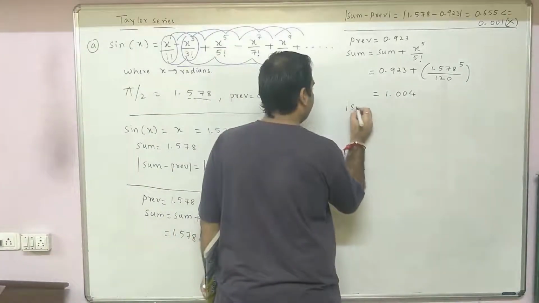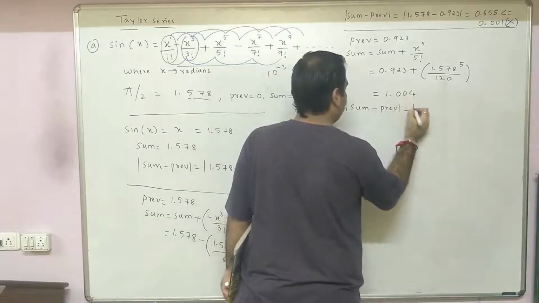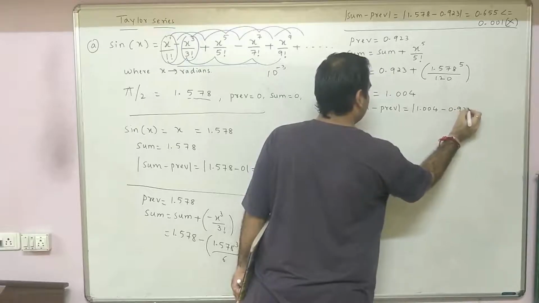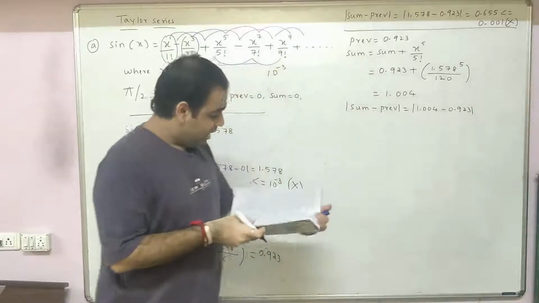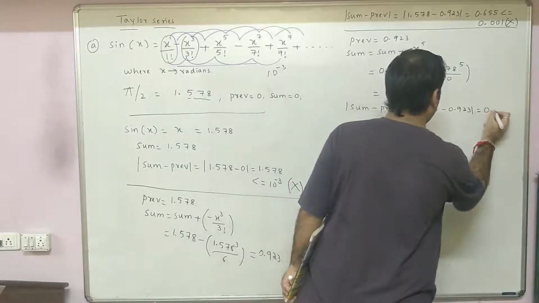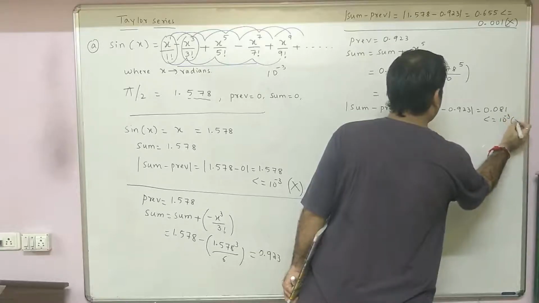Again we do sum minus previous. The value of sum is 1.004 minus 0.923. The answer we get is 0.081. Is it less than or equal to 10 to the power minus 3?